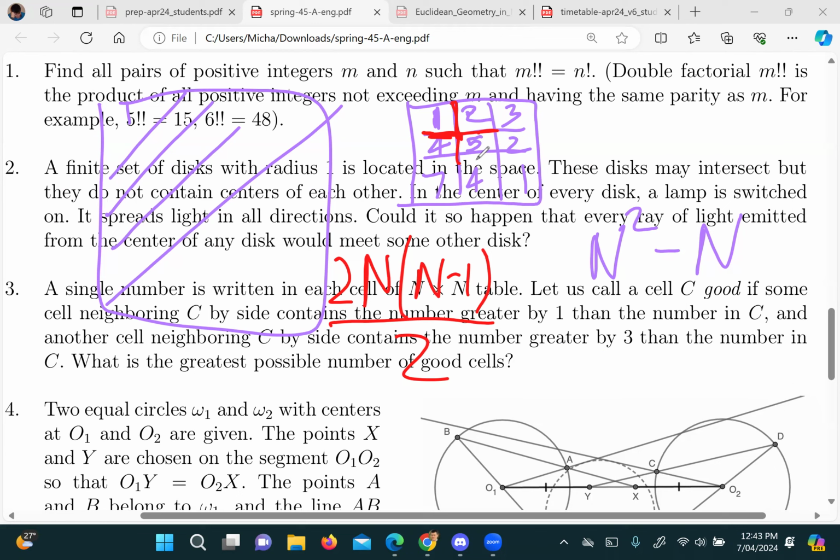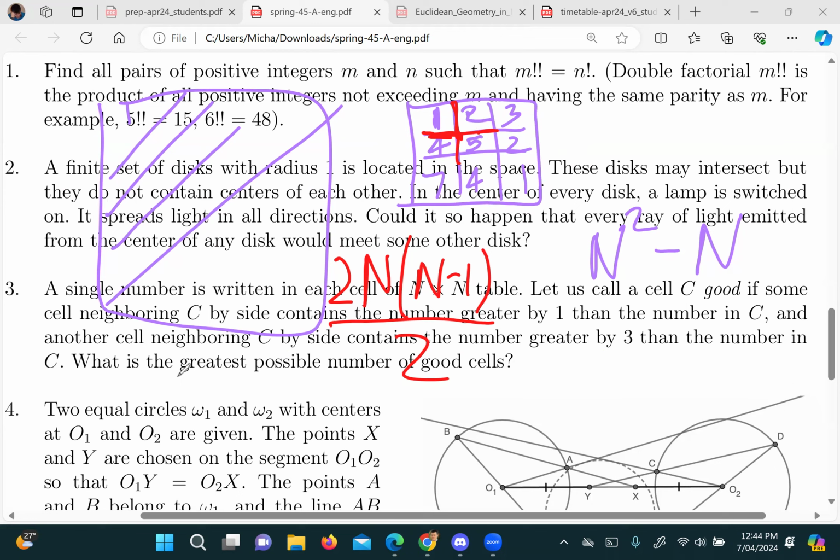Another approach I had was trying to sum up the numbers. If you sum up all the good cells, you get something interesting, but it's nowhere near as good. Actually, I have a little conundrum for you. Maybe I can put it up.